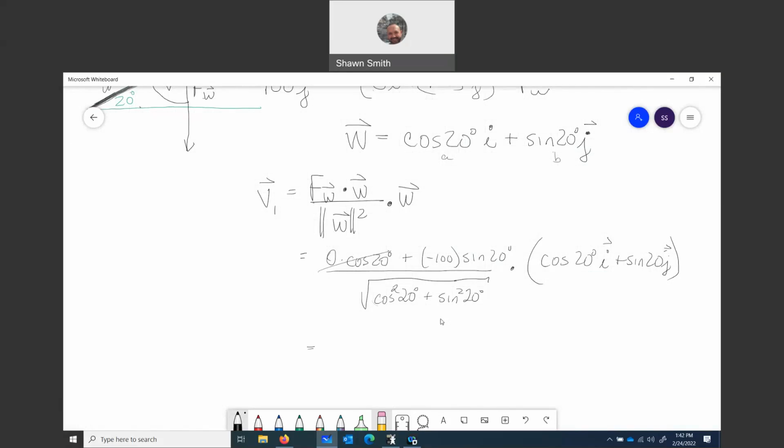Let's look at the bottom. Cosine squared of something plus sine squared of something, that totals 1. Not a negative 1, positive 1. Square root of 1 is 1.